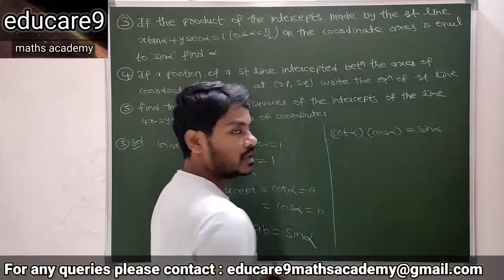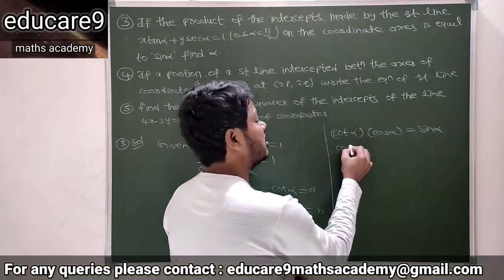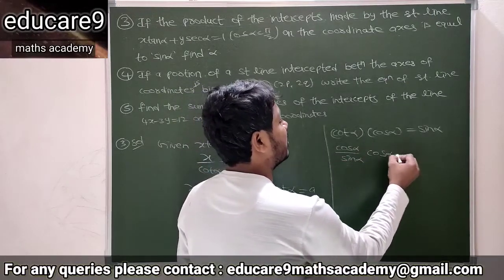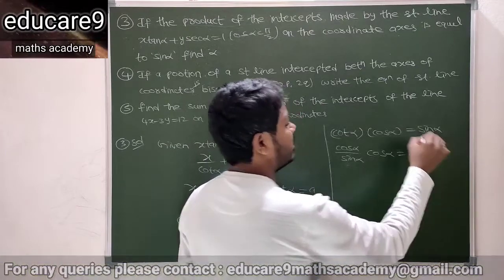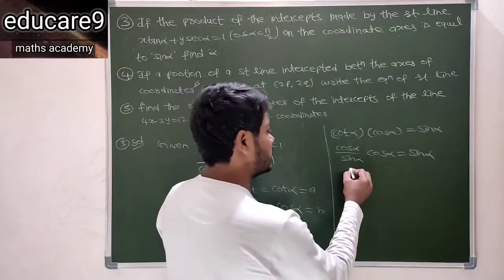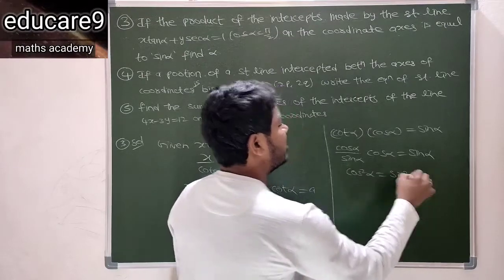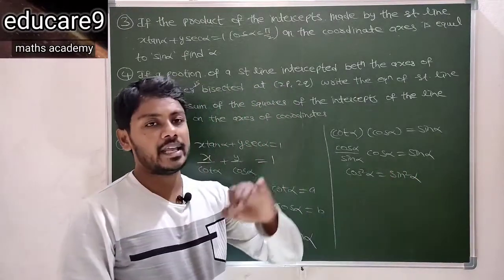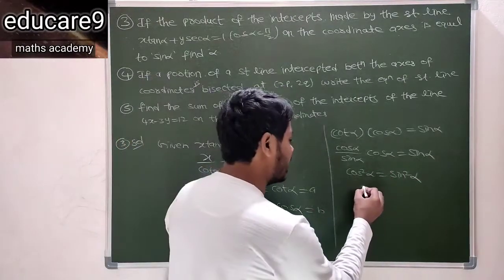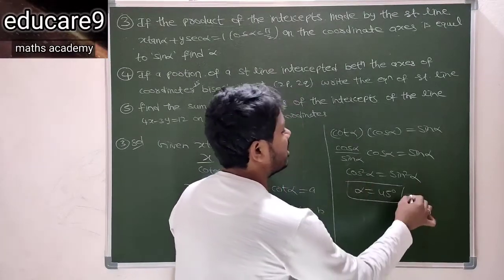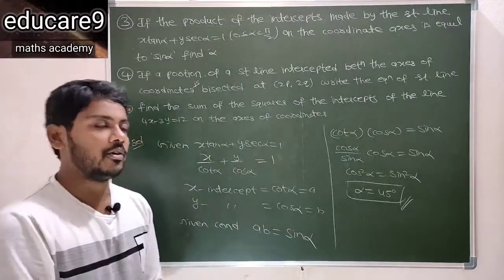Sin alpha. So cot can be written as cos by sin into cos alpha is equal to sin alpha. So clearly, cos square alpha is equal to sin square alpha. So whenever these two are equal, then clearly alpha is equal to 45 degrees. So this is the value of alpha.